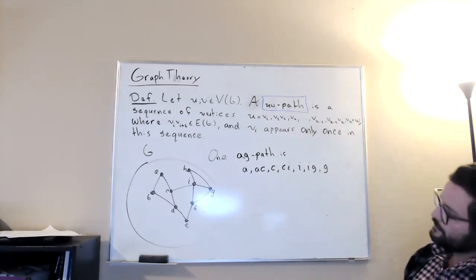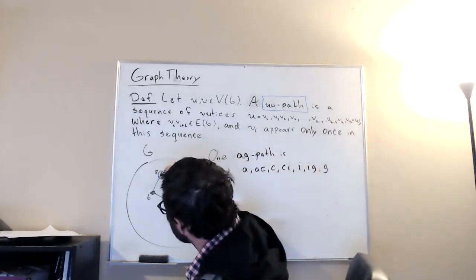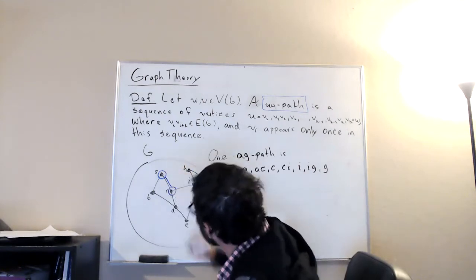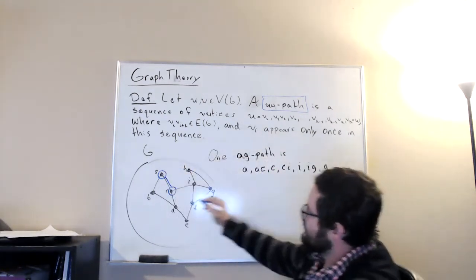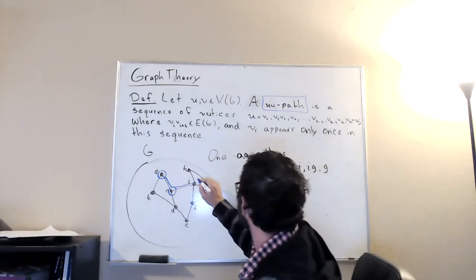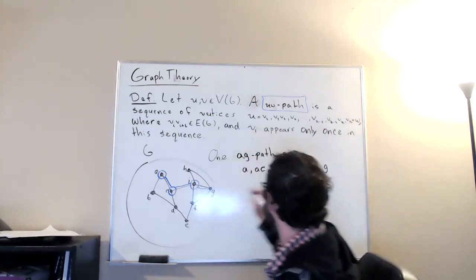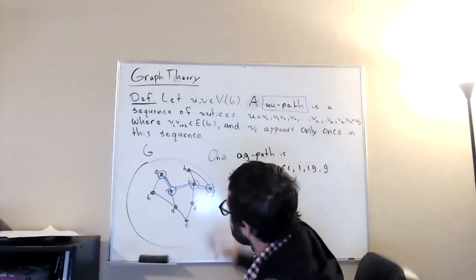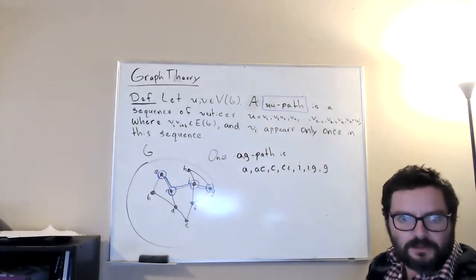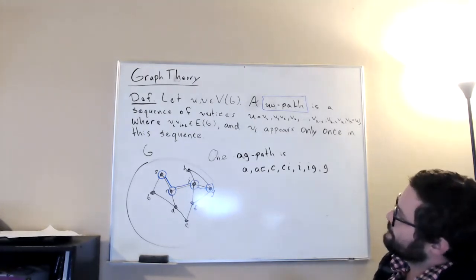Okay, so if we look at the graph here, we have A, and then AC to C, and then CI to I, and then IG to G. Now, does this satisfy the definition?